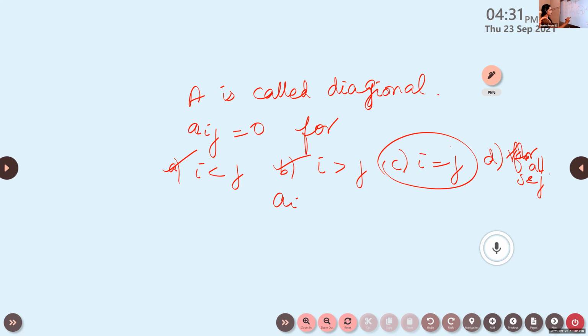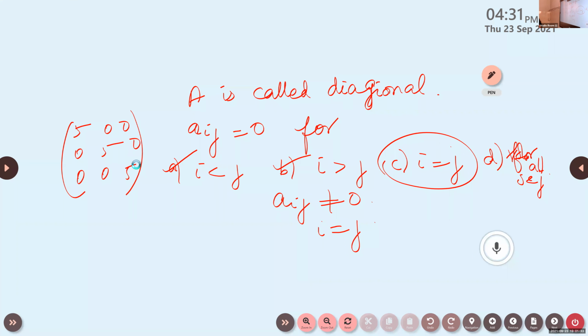For a diagonal matrix, Aij is not equal to 0 when i is equal to j. For example, the matrix 5, 0, 0, 0, 5, 0, 0, 0, 5. For i less than j and for i greater than j, in all the cases we will get 0.